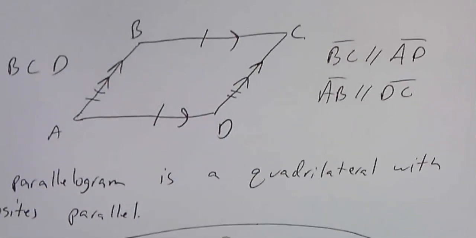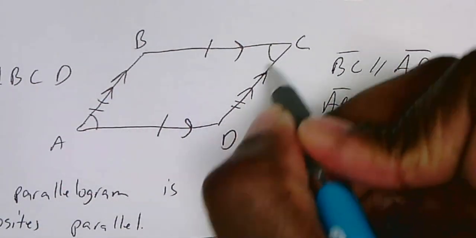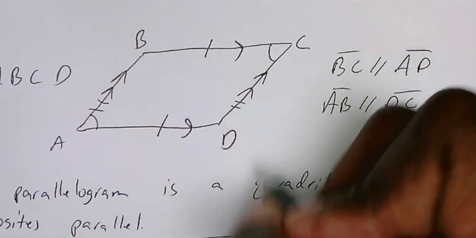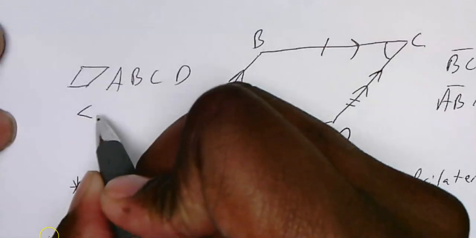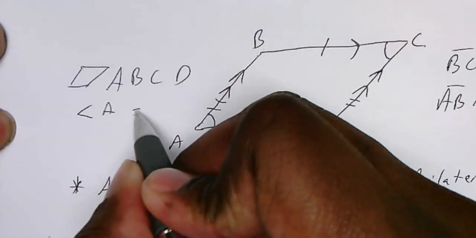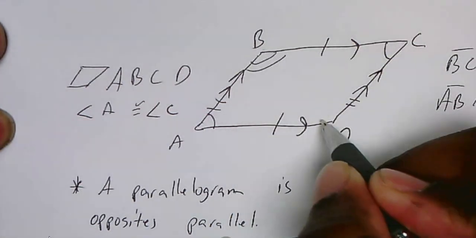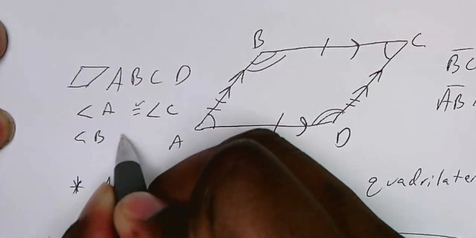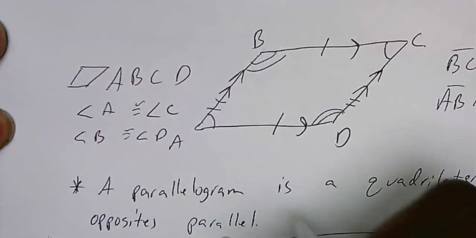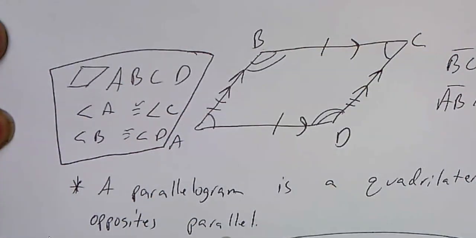And what I mean by opposite angles is angle A, angle C. These two acute angles are opposite angles. So angle A is congruent to angle C. Angle B and angle D, those two obtuse angles, are congruent. So angle B is congruent to angle D. All those are more properties related to parallelograms.